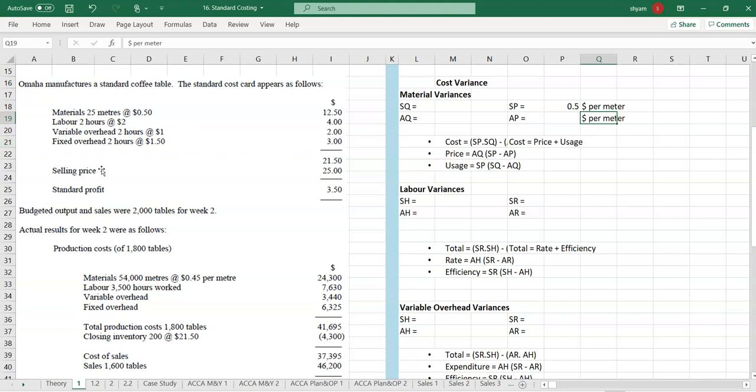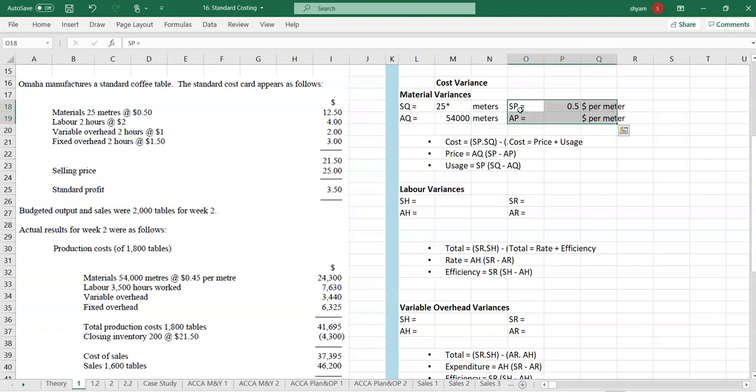Okay, and each unit will take 25 meters. So what about the actual? Actually, the company has consumed 54,000 meters.